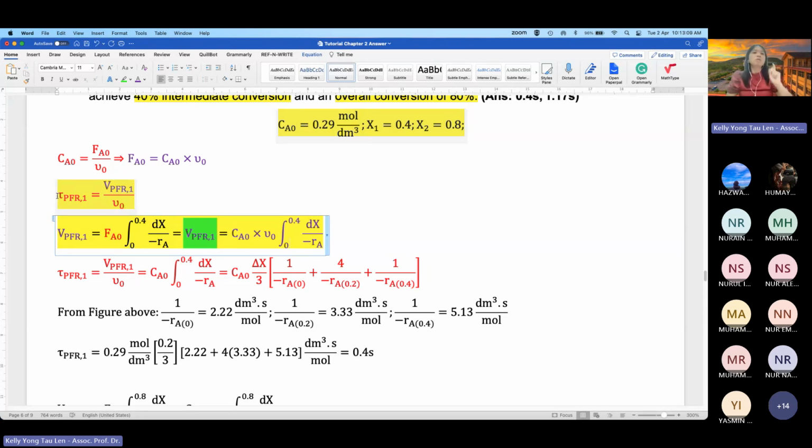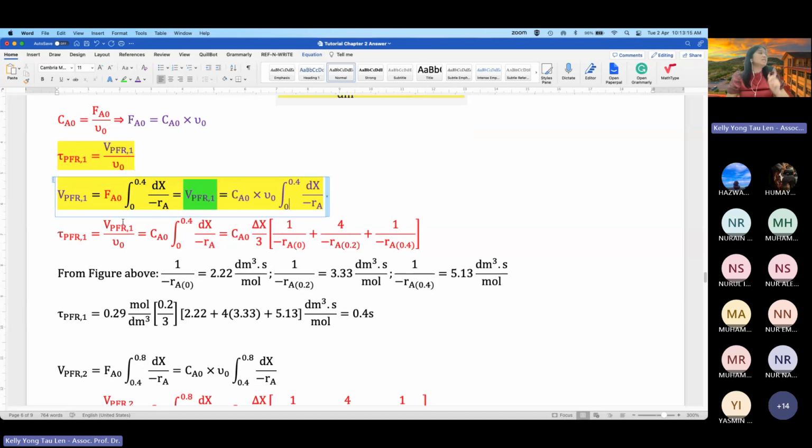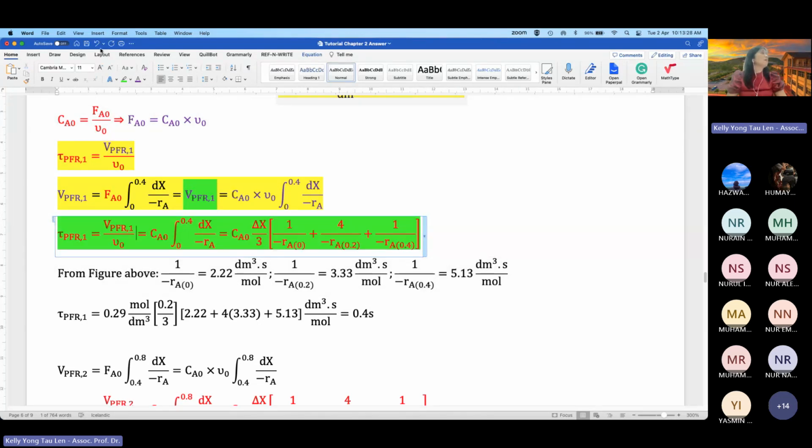The space-time formula for PFR1 equals volume PFR1 divided by epsilon naught. So you can see that if I write back, space-time for PFR1 equals volume PFR1 divided by the inlet volumetric flow rate epsilon naught.